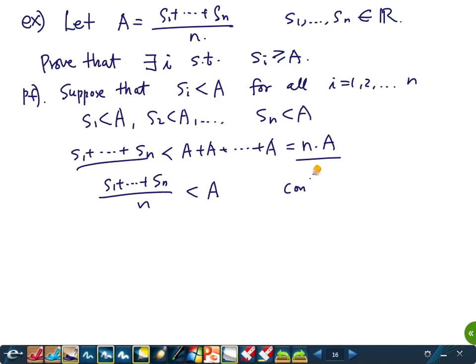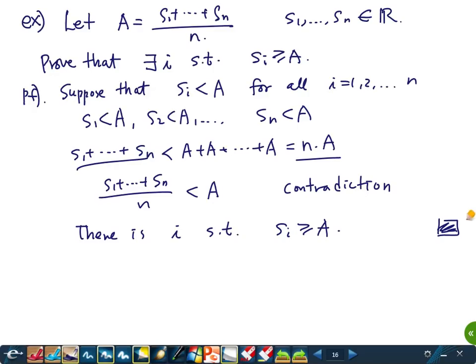Contradiction to what? To the assumption, that A is this average. So there is i such that S_i is at least A. This is the end of the proof, because we assumed the conclusion false, so the conclusion must be true.